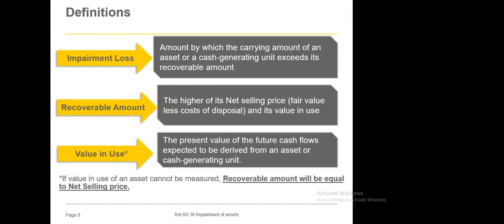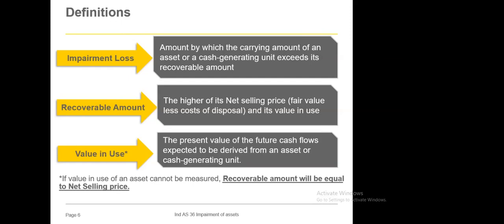So what all will be covered in your cost of disposal? That we are going to discuss in detail. Plus its value in use. How to calculate this value in use, we will also discuss.